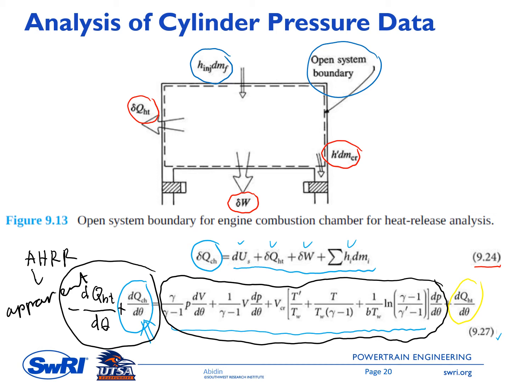For sure, we need to convert this temperature into the other parameter that can be measured from the testing of the engine. So it is this apparent heat release rate that is obtained from the testing. By measuring the cylinder pressure, we can estimate the apparent heat release rate.